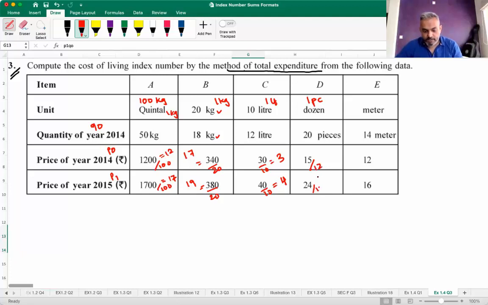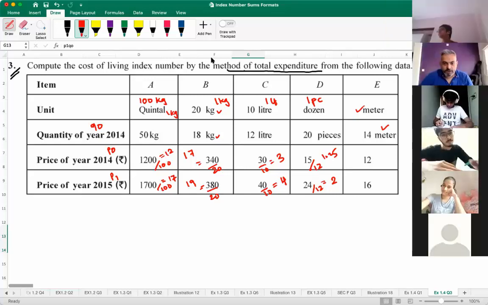So 15 divided by 12 is 1.25 and 24 divided by 12 is 2. And meter, so 1 meter, no conversion required. All of you understood this conversion? Anyone has any doubt? Okay.